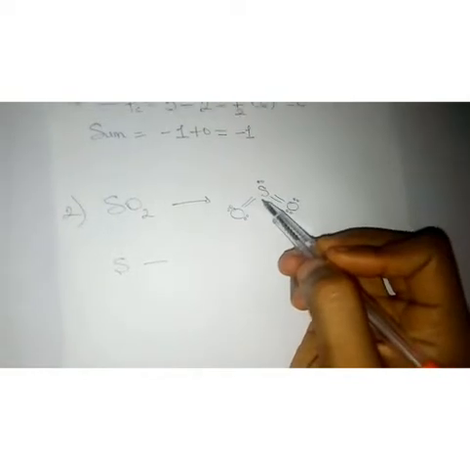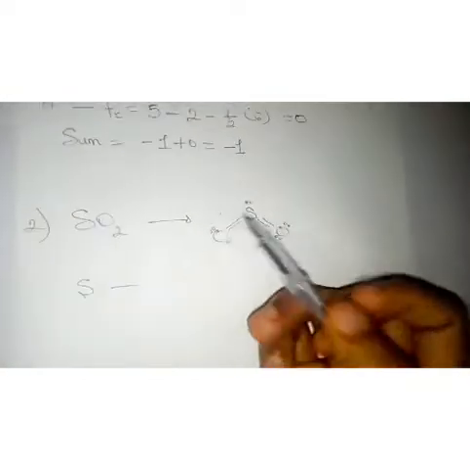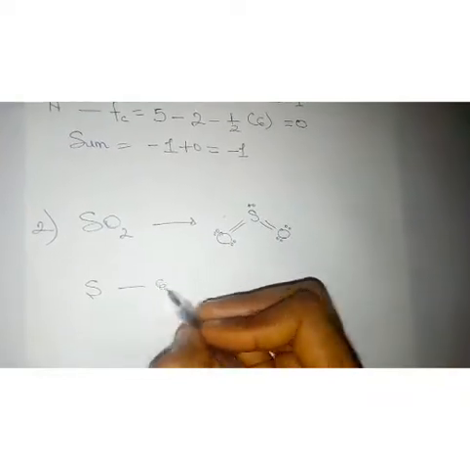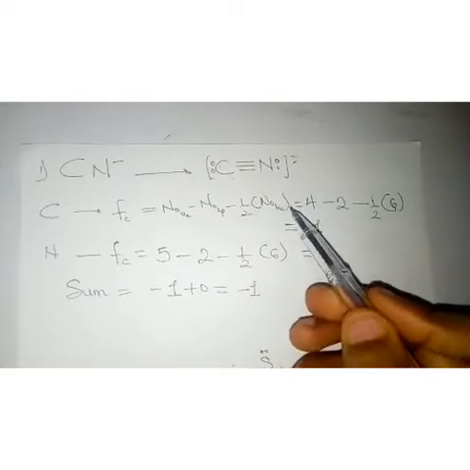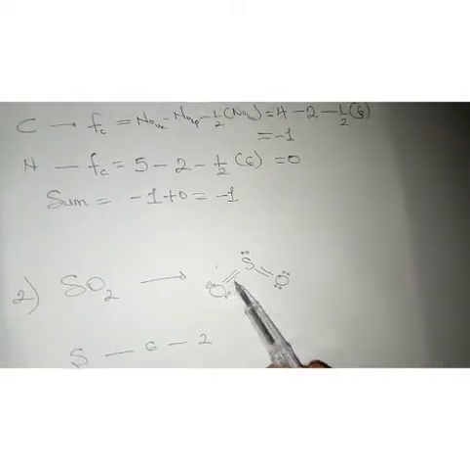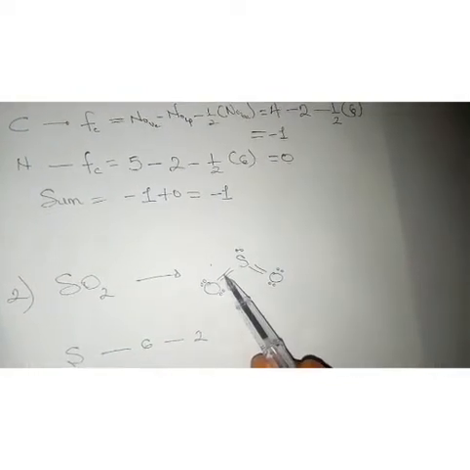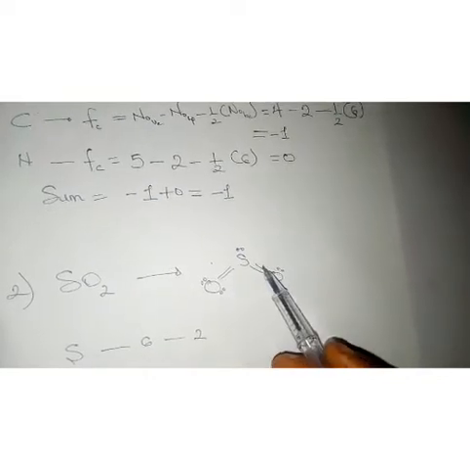Sulfur is in group 6, and hence, following the formula, number of valence electrons is 6, minus number of lone pair electrons. On sulfur we have 2 electrons, minus half number of bonding electrons. Sulfur has 4 bonds, and if each bond has 2 electrons, that means we have 8 electrons.